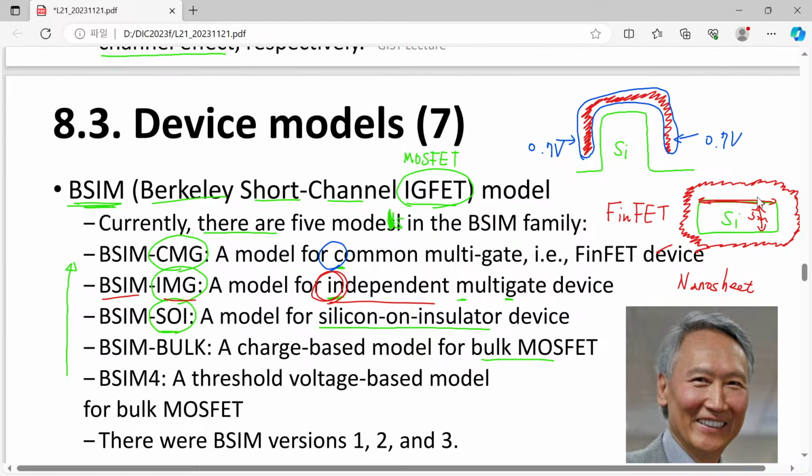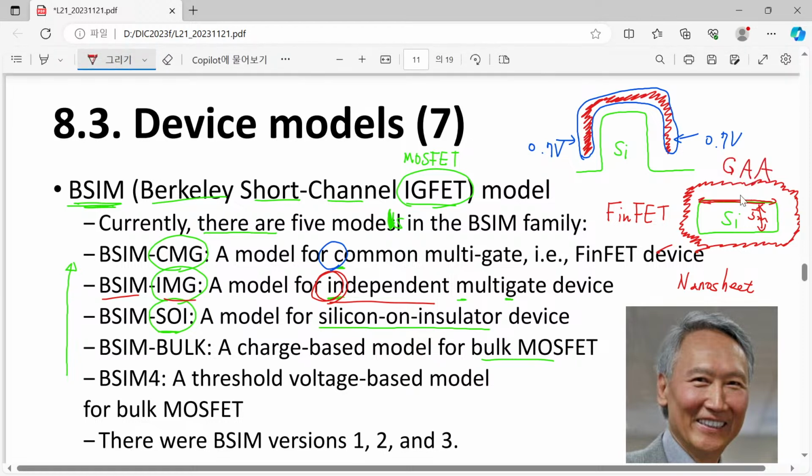So this is a very thin and narrow line, so nanosheet, and sometimes it is called a GAA transistor.